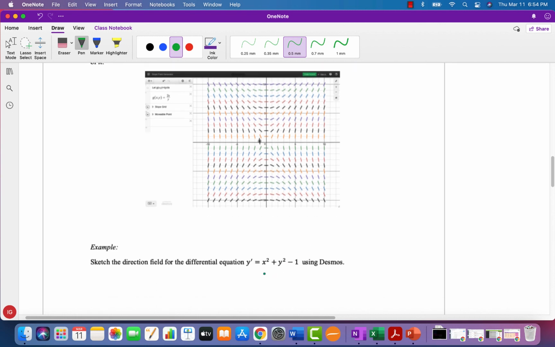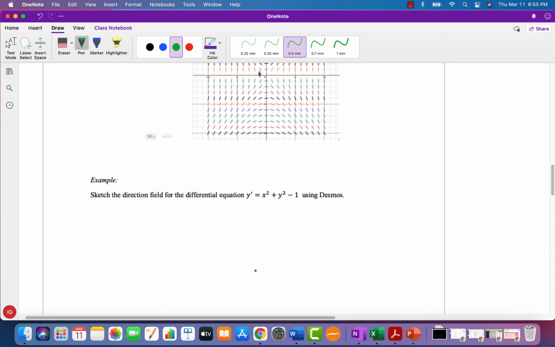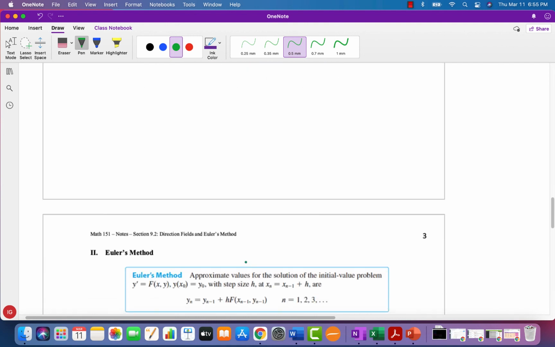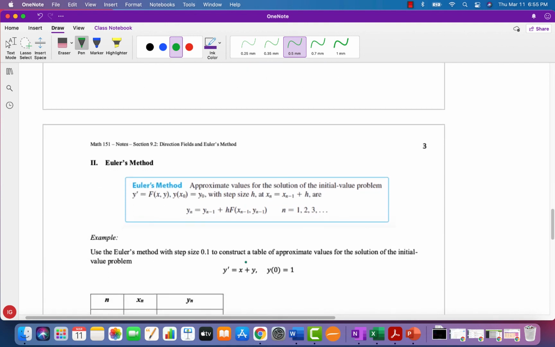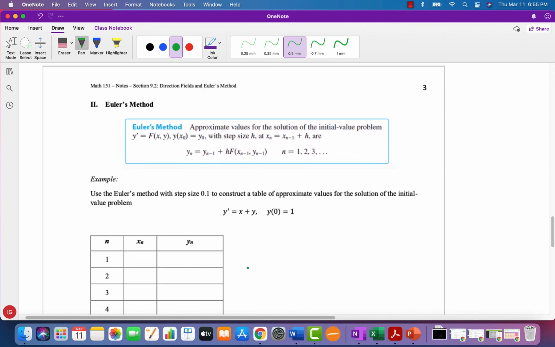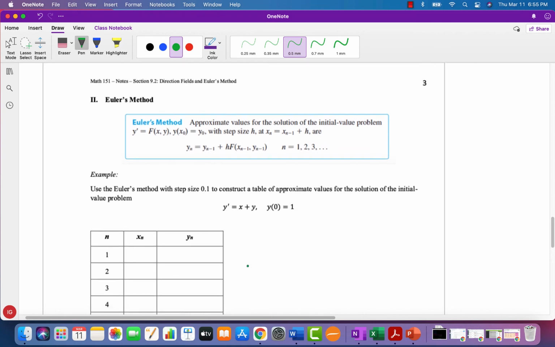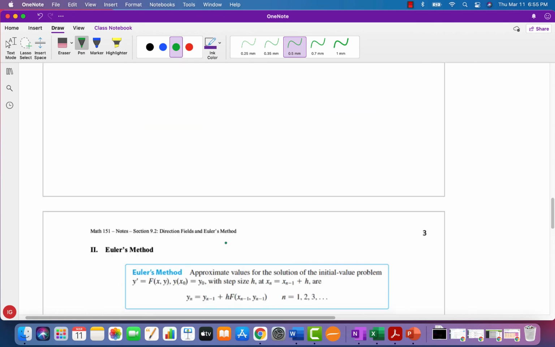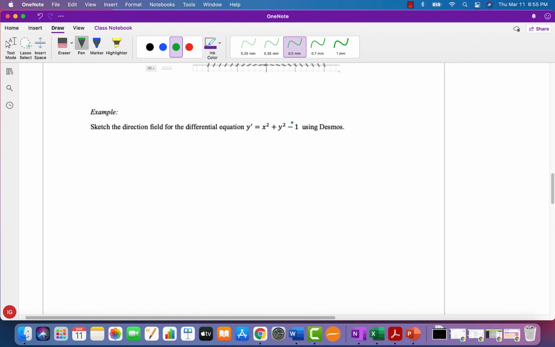This is just practice. This is just for fun. The last part, I do want to do in class, so this is a fun part too. This is the second fun part of the section, so that's why I want to do it together with you guys. The only thing I want you to do today is practice this on Desmos.